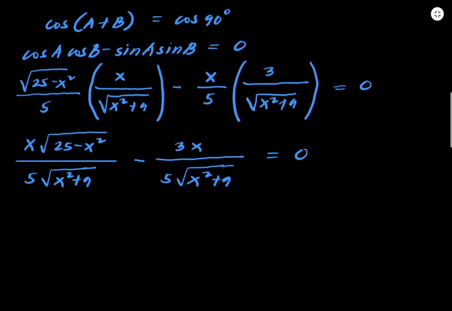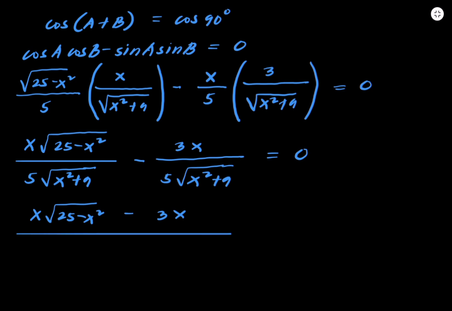Now, notice that the denominator is 5 times the root of x squared plus 9. So they are just the same, right? So we can directly subtract the numerators. They are similar fractions. So subtract x times the root of 25 minus x squared minus 3x all over. Subtract the numerator and copy the denominator since they are similar. Okay, and everything is equal to 0.